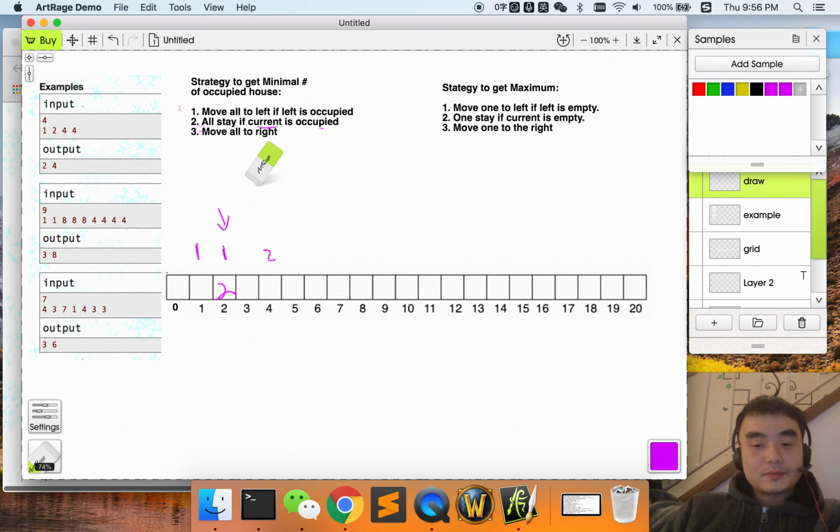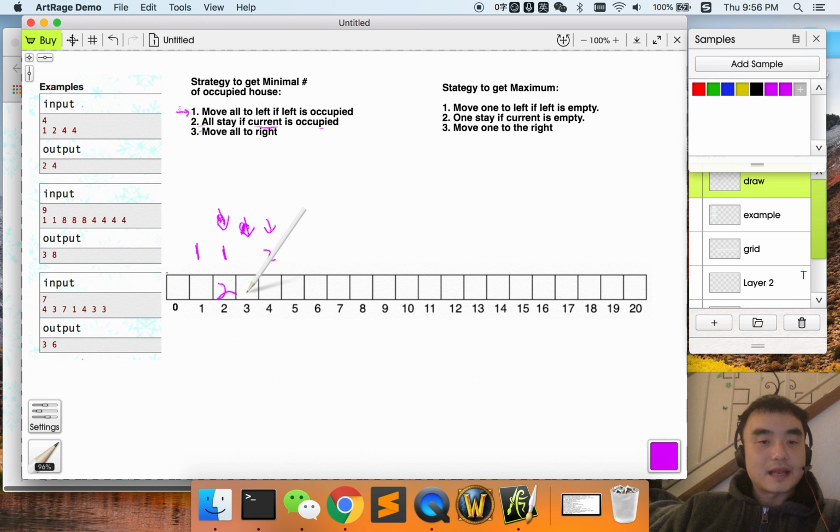So let's go ahead and point to the third house. There are no people in the third house, so we move on. We have two people in the fourth house. Let's try the first strategy.